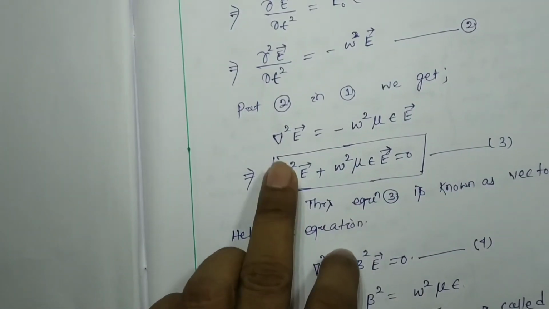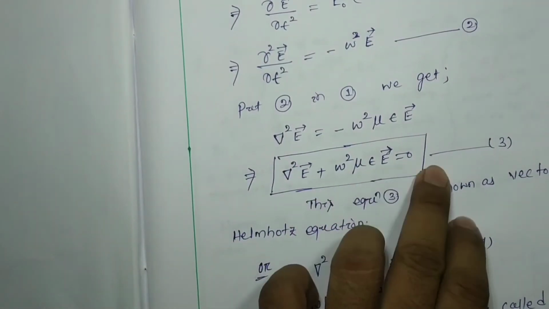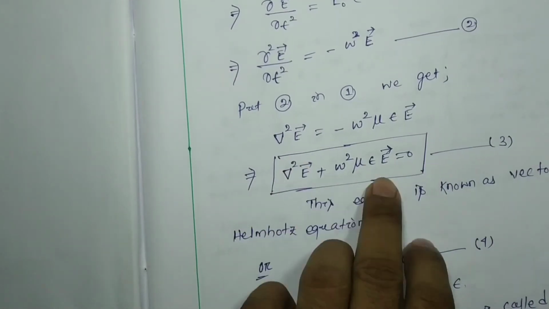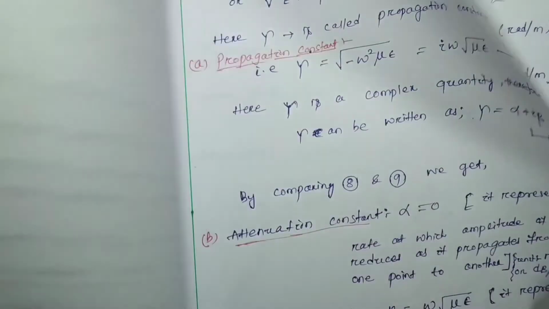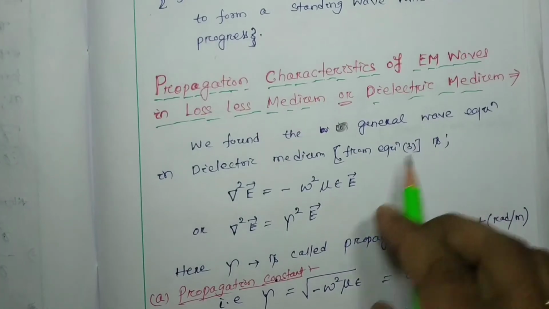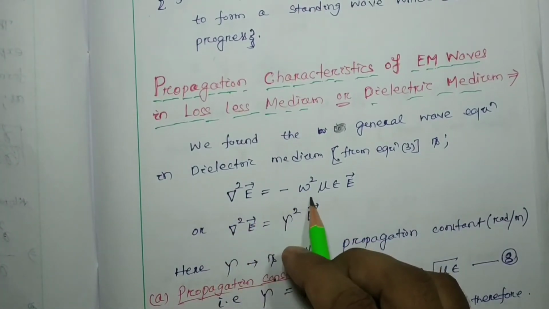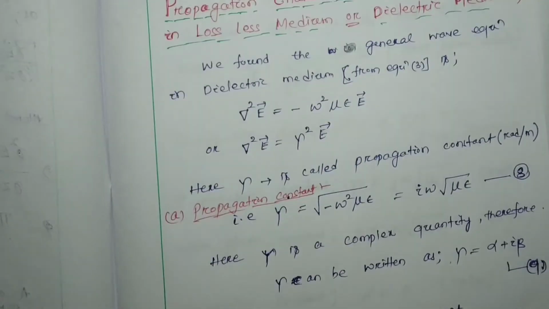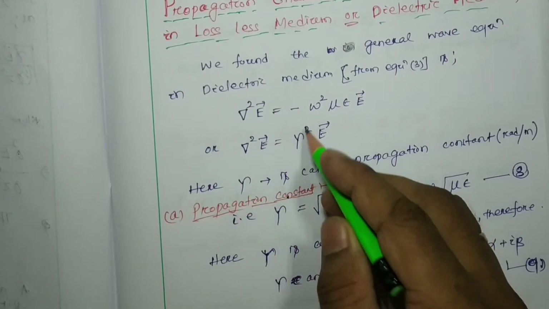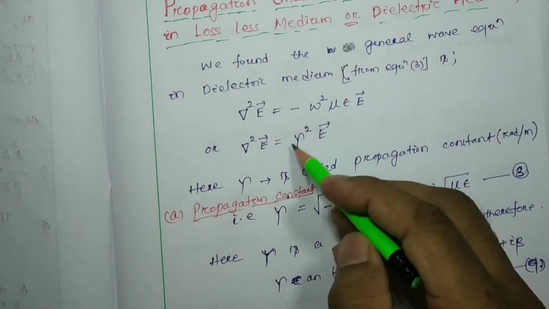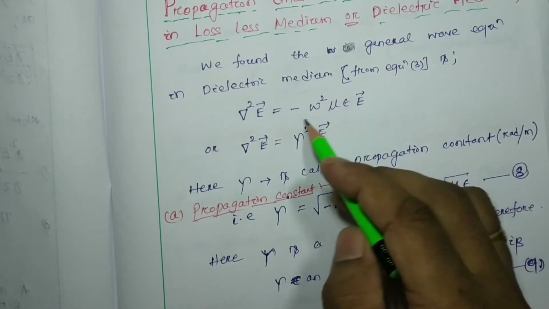Equation number 3 will be del square E plus this one equal to 0, or del square E equal to minus this one. So from equation number 3 we found del square E equal to minus omega square mu epsilon E, or del square E equal to gamma square E. Here gamma square is considered as this much.